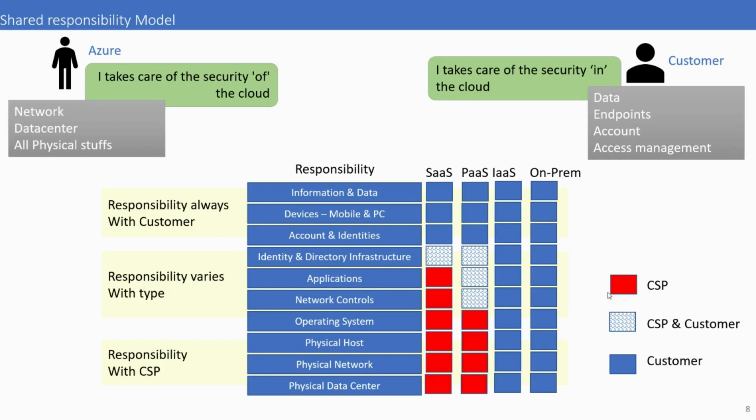Now let's take the biggest topic, that is the shared responsibility model. As we have seen in the previous slide, the cloud service provider as well as you should work together to share the responsibility.